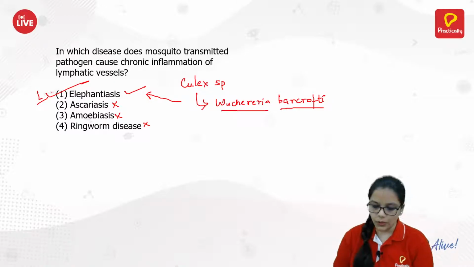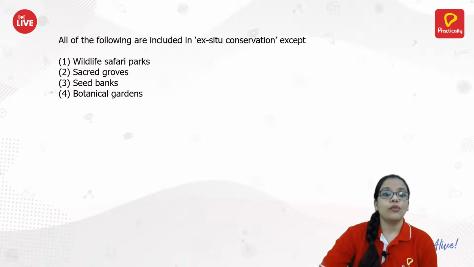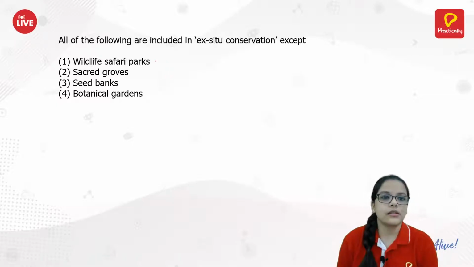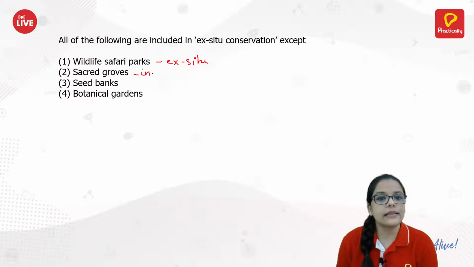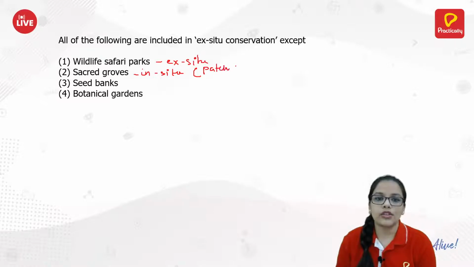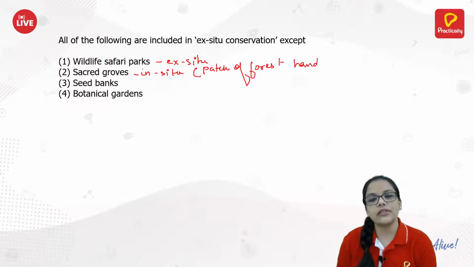The answer is 1. Of all the following, which are excluded in ex situ conservation? Wildlife safari parks are ex situ, these are all man-made. Sacred groves is in situ because it's not man-made, it is handled by tribals. It's a patch of forest, handled mostly by tribal people.